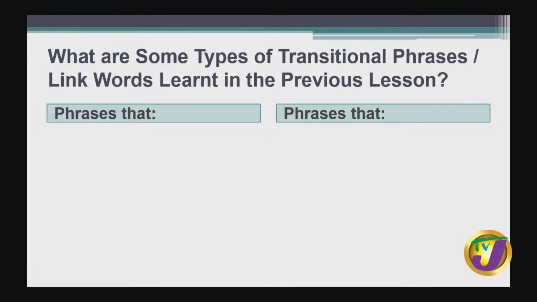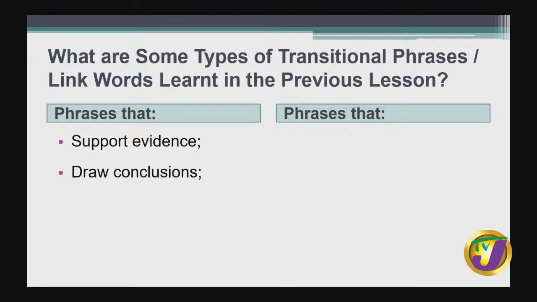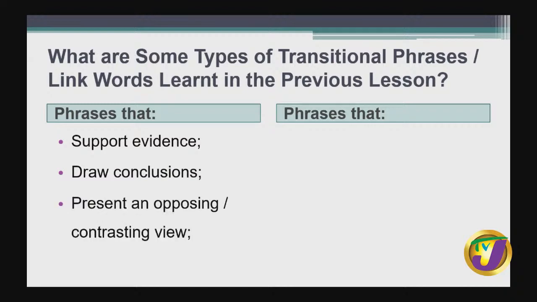Now, what are some types of transitional phrases and link words that you did in the previous lesson? So, of course, they support evidence. They draw conclusions. You saw phrases and link words that presented an opposing or contrasting view.